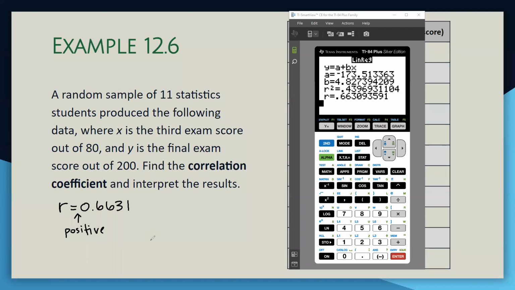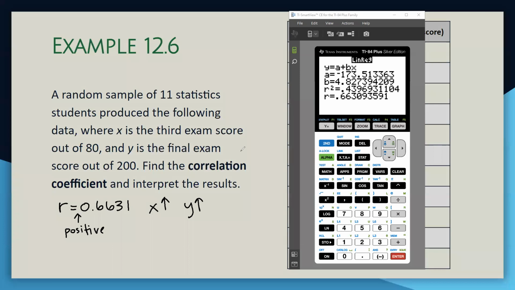You did better on one, you likely did better on the other. The other thing is I see a value that's slightly bigger than 0.5, meaning this is a loose linear relationship. It's not super strong, but that's fairly confident that there is a clear relationship between changes in X and changes in Y. I expect that if X goes up, Y is going to go up.